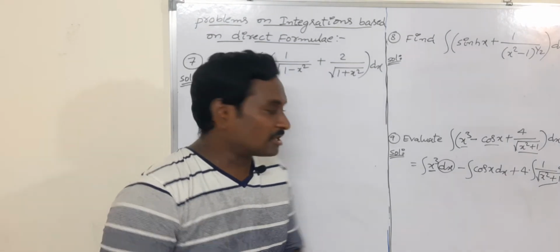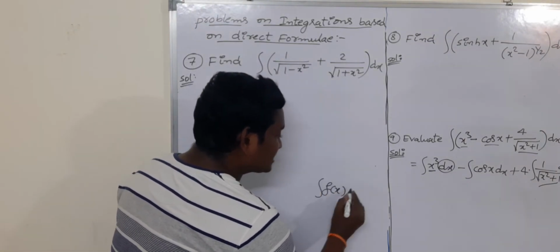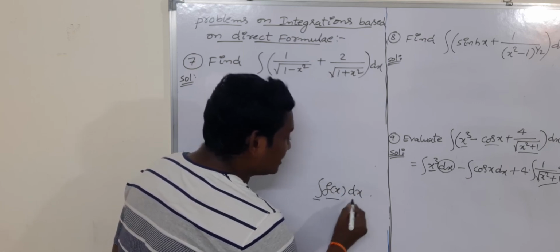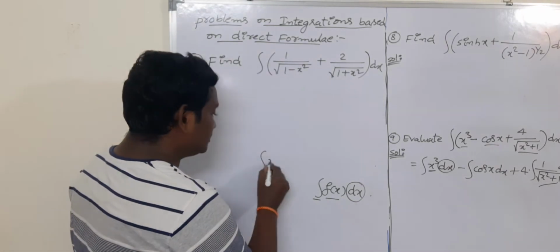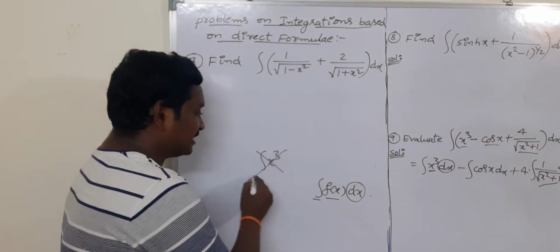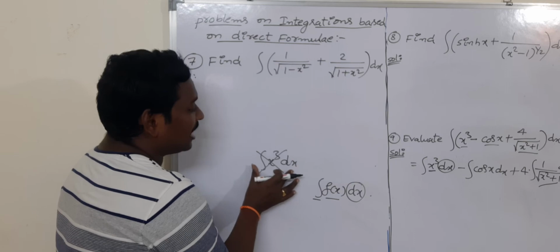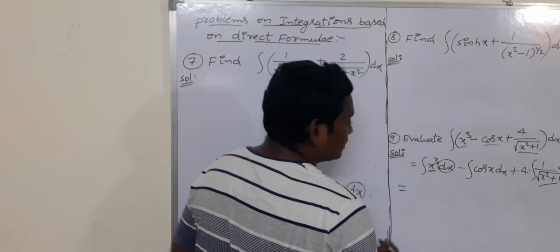That's why the structure of the integral, the basic symbol, is integral f of x dx. Whenever we are writing the integration of a function, writing dx is mandatory. Don't leave this one. If you write dx, then only you have the meaning for this integration. Okay, now come to this side.